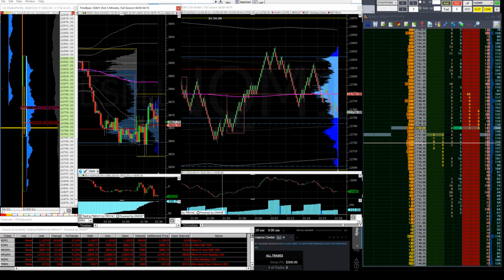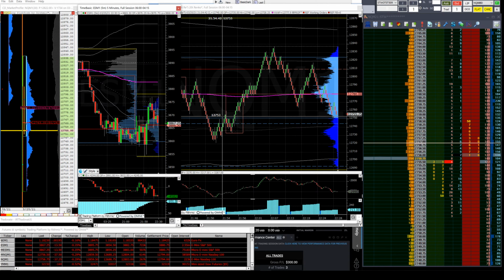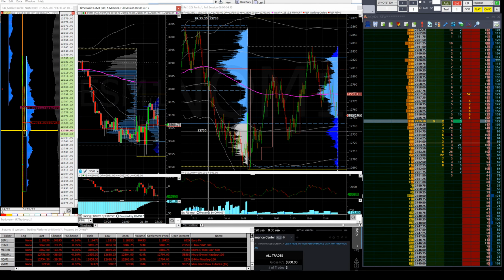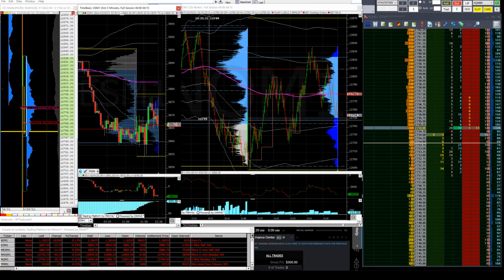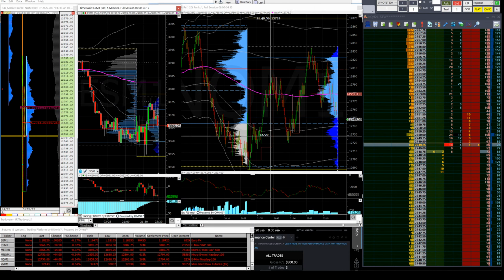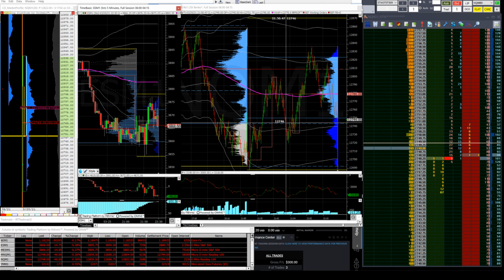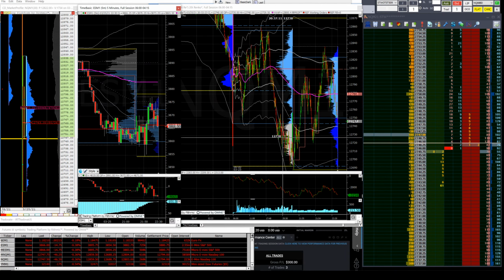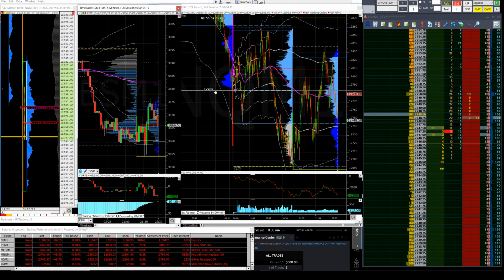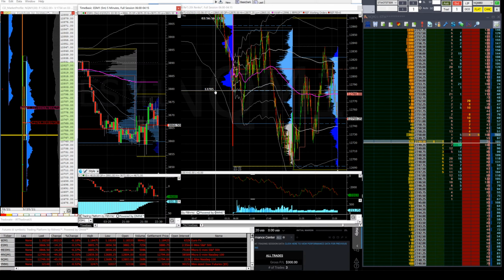A lot of traffic right here. And here. And this is the value area low from the Globex. Value area low from the last regular trading sessions up here.